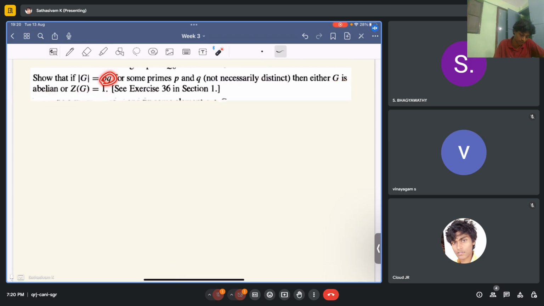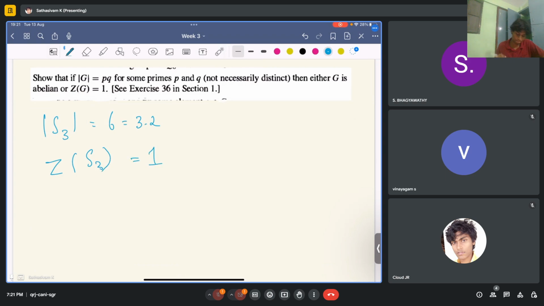So for example, can you name any group of order pq, some group that you know? For example, look at S3. This has order 6, right? Which is 3 times 2. And you see S3 is not abelian, so we can directly say from here that the center of S3 is trivial. So these kinds of statements are always useful. Later, probably towards the end of the course, you can actually classify these groups.